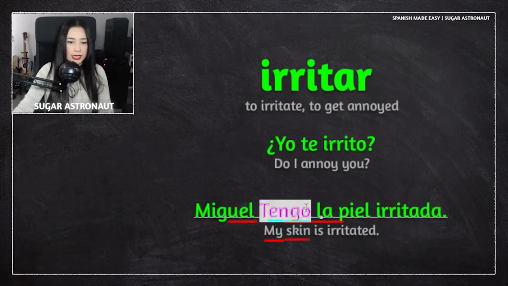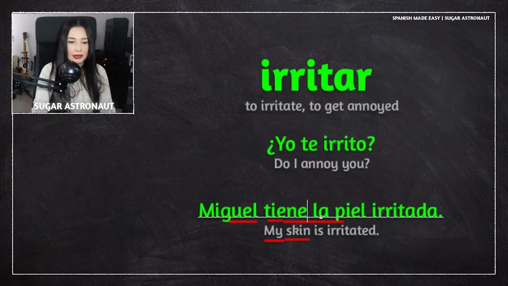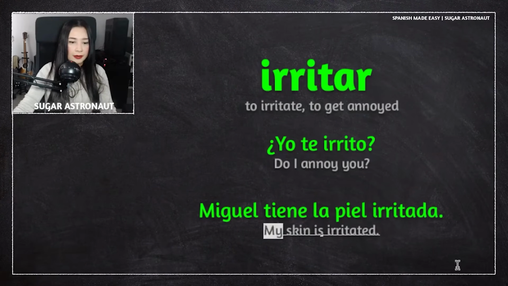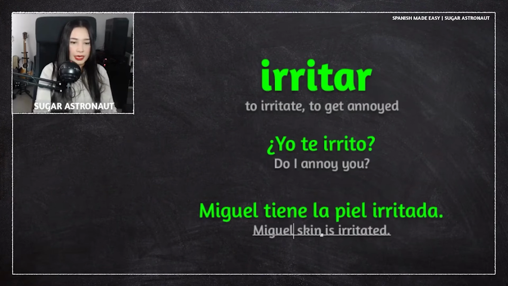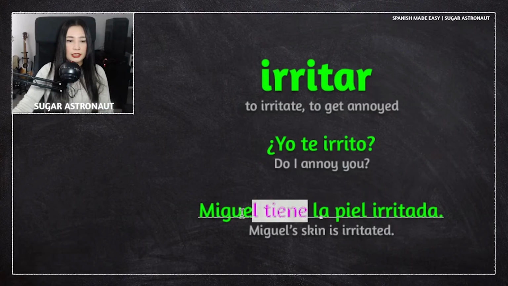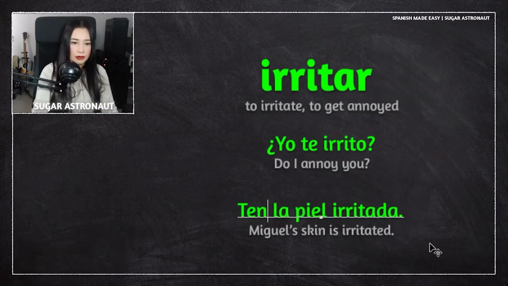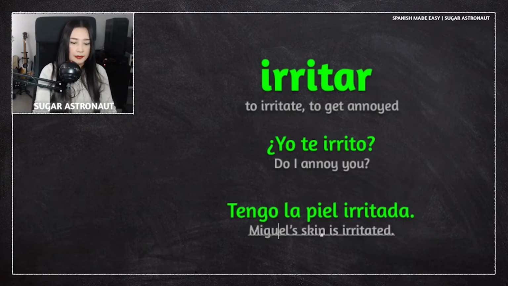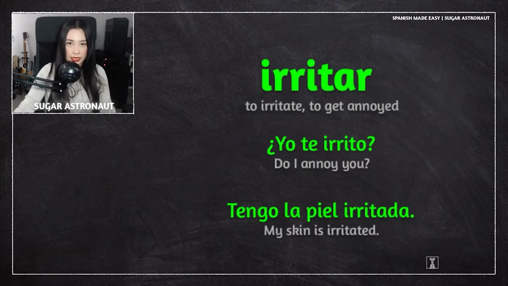So if someone else has irritated skin, you can say Miguel tiene la piel irritada, okay? Miguel tiene la piel irritada. And this means Miguel's skin is irritated, okay? So just keep that in mind. If you change this to tengo la piel irritada, that means my skin is irritated, okay?